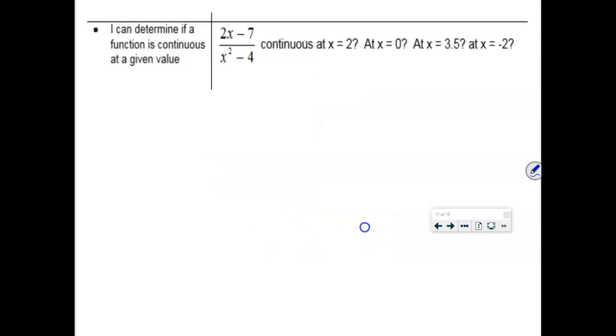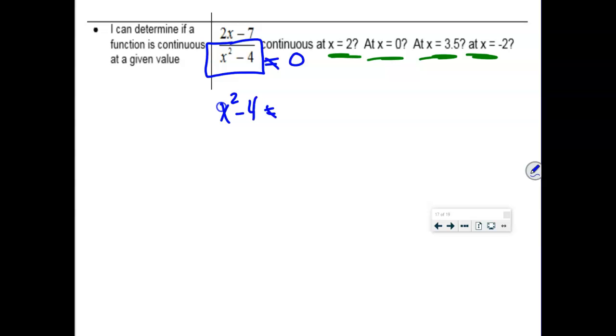This question is kind of the new stuff from yesterday. They want to know if it's continuous at all these various things. Well, guys, you could plug them all in, but I think we have a faster way. I know that rational functions cannot have denominators of 0, right? That's the problem. So what if you just figured out what was a problem? So what if you added a 4, and then you square rooted both sides?